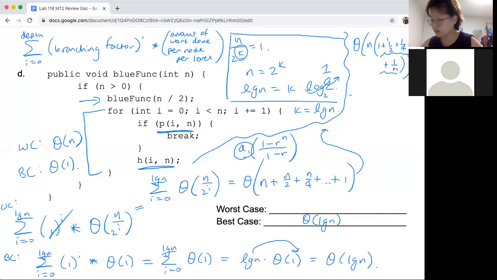Okay, so this is going to be theta of n times a1, which is again 1, I'm not going to write that, times 1 minus the r, which is 1/2, to the n, over 1 minus 1/2, which is 1/2.